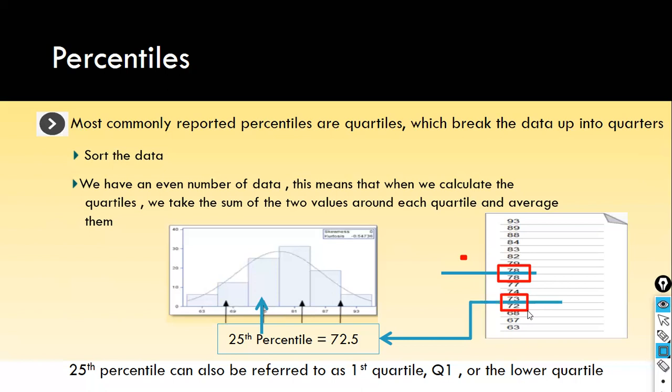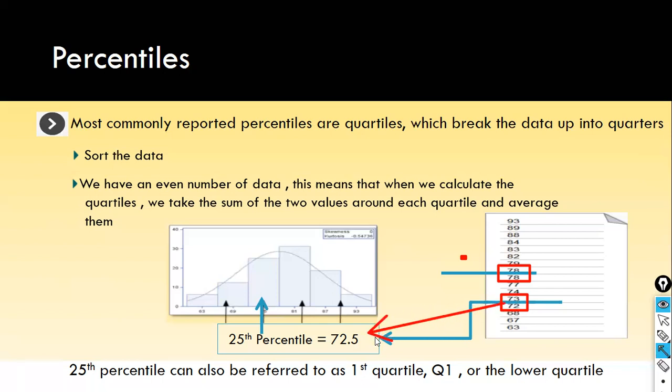If you look at any blogs, they use those steps, but this is a very simple way of finding the first quartile. The 25th percentile is also called the first quartile. Just beneath the median, if you want to find the first quartile, which is nothing but the 25th percentile, you need to find the median again here. The middle values are 73, 72. If you add these two values and divide by 2, you will get 72.5.